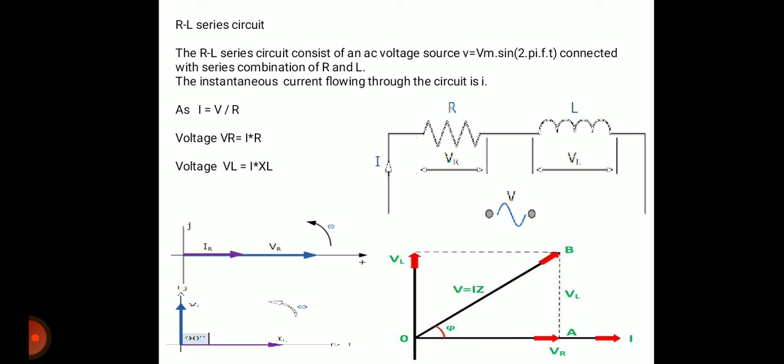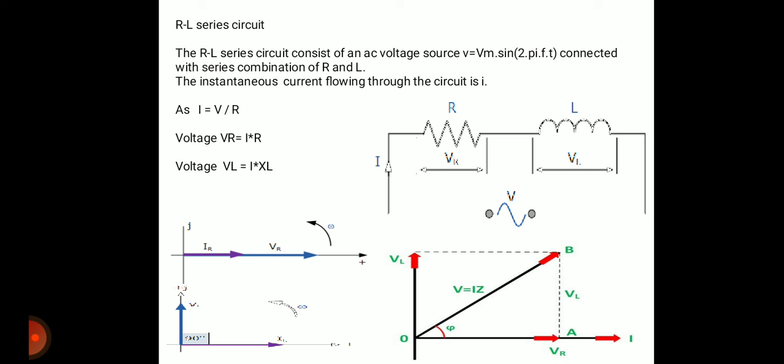For the phasor diagram for resistor R, we have drawn the reference axis, and on the reference axis there is a phasor for current IR. Look at the first phasor diagram: first we draw the common quantity among these two components, which is the current, and we have drawn the phasor for current IR on the reference axis.